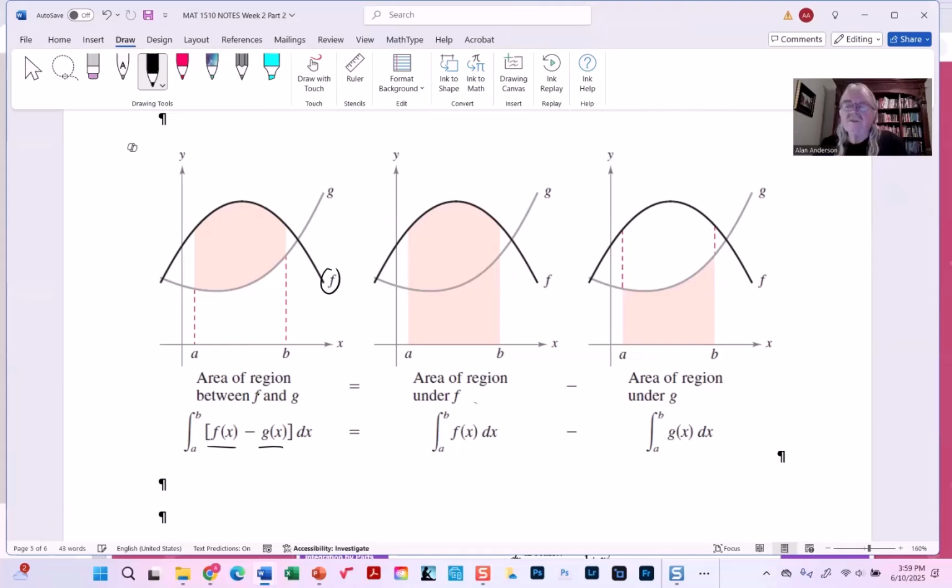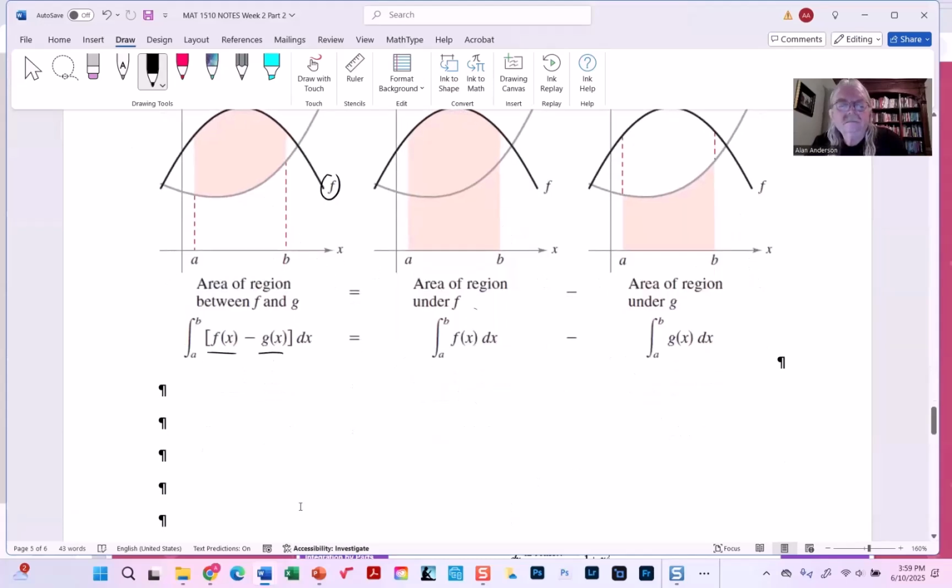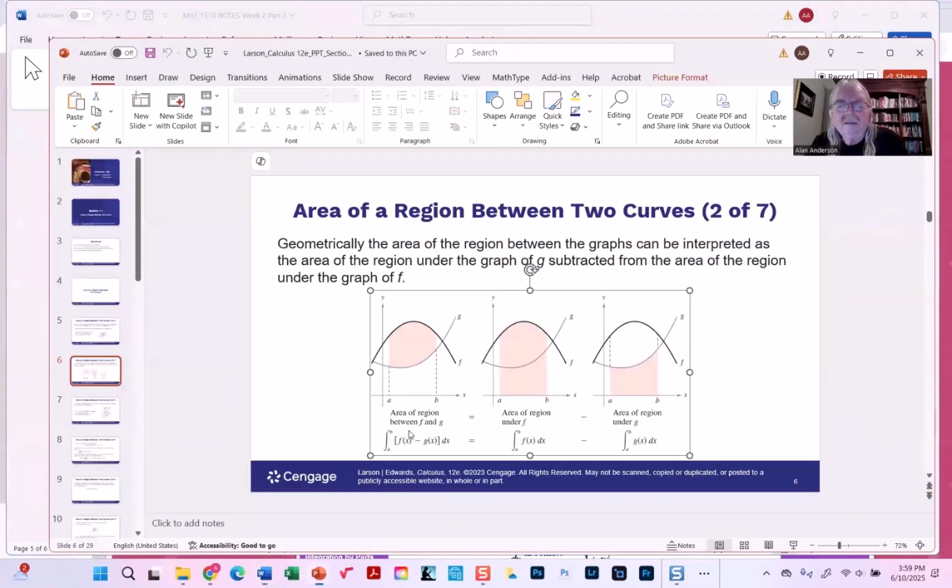So in terms of geometry, it makes perfect sense. With two curves like this, as opposed to one curve and the axis, calculating definite integrals is a little bit different.